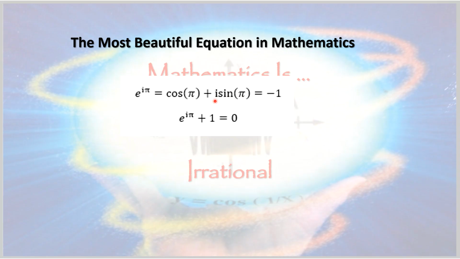Well, cosine of pi is -1, sine of pi is 0, so that's just -1. Add 1 over to the left, it follows that e to the i pi plus 1 equals 0, an equation simply relating 5 fundamental numbers of mathematics: e, i, pi, 1, 0. And that's where this episode stops, with what has been called the most beautiful equation in mathematics.